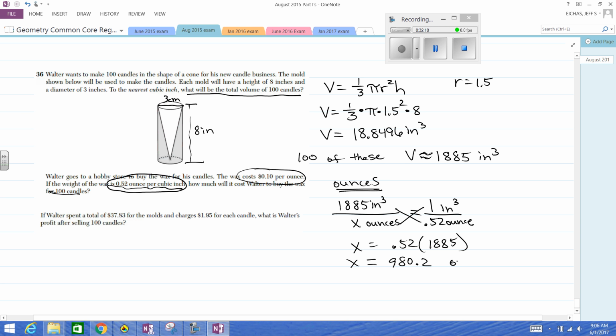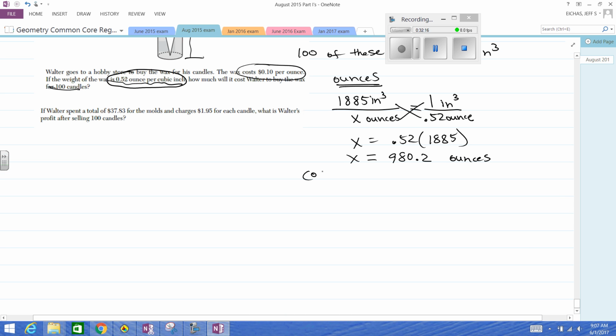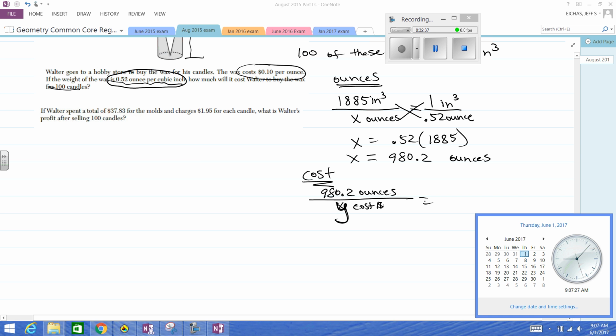Now we got to get a cost of that. Sorry, cost is next. So we have 980.2 ounces. We want to know the cost in dollars. So we'll call that, we already used X, let's use Y. 10 cents per ounce.